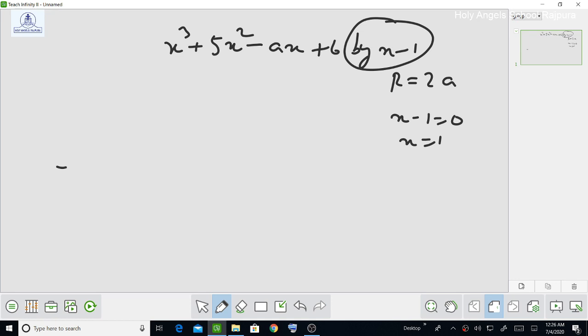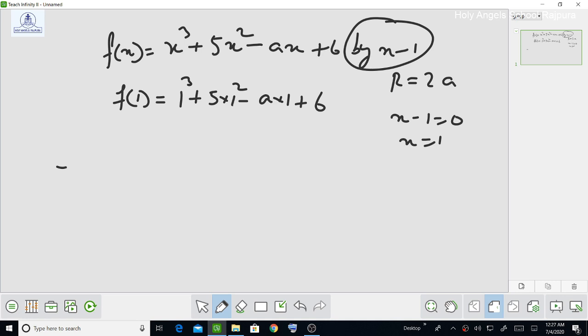The polynomial is f(x) is equal to x cube plus 5x square minus ax plus 6. F(1) is equal to 1 cube plus 5 into 1 square minus a into 1 plus 6.